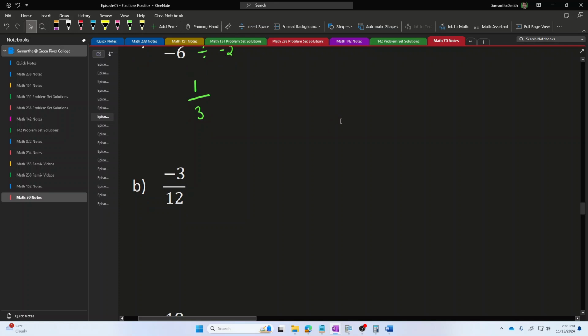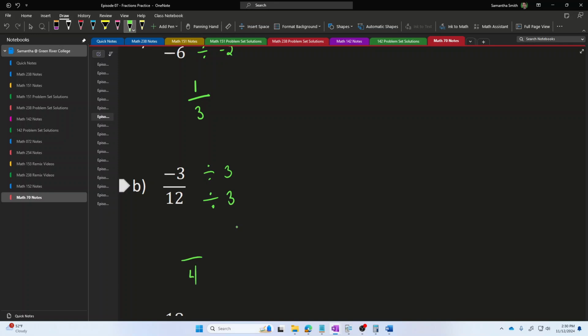Now, if I were going to simplify this quantity, once again, I could look for a number that evenly divides both the minus 3 and the 12 in this fraction. And I think, for example, 3 goes into both these numbers evenly. 12 divided by 3 in the bottom is just 4.